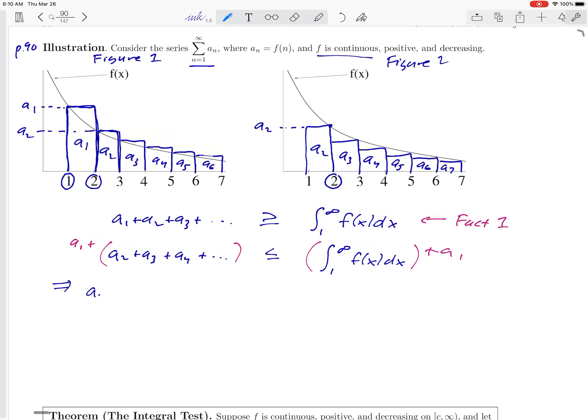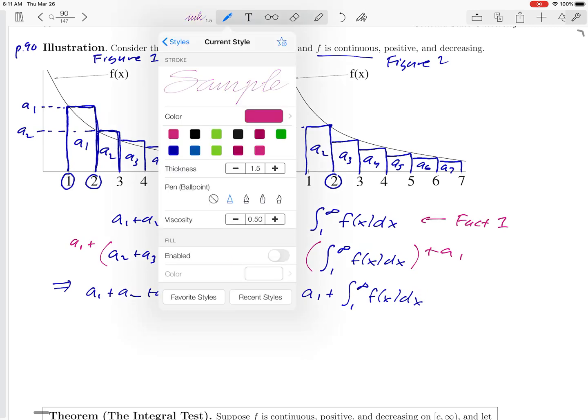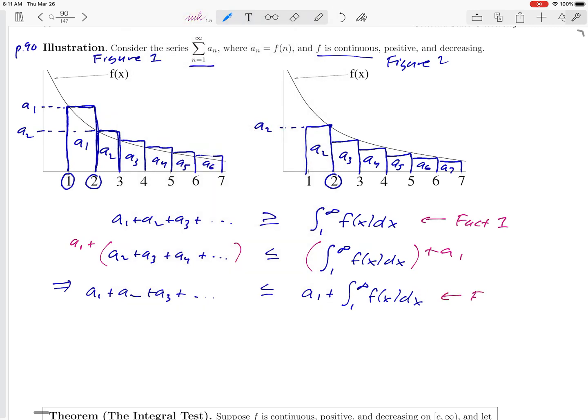That gives us a rewritten version. On the left, by adding a1, we now have a1 plus a2 plus a3, in other words, all of the terms in our series. And on the right, we've got a1 plus that integral. It's still true that that's less than or equal. I'm going to call this fact 2.